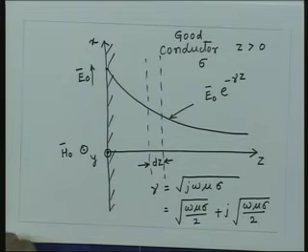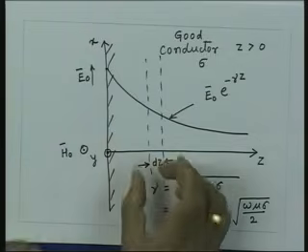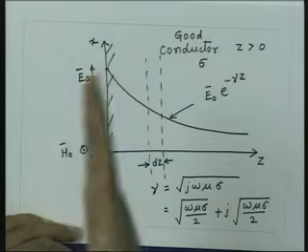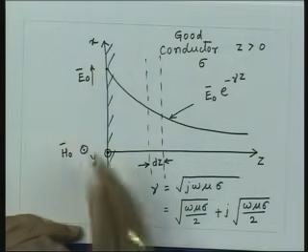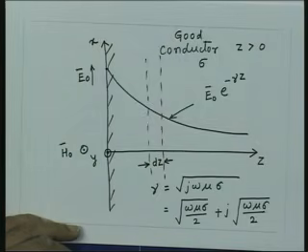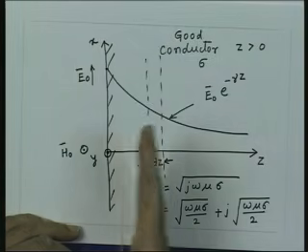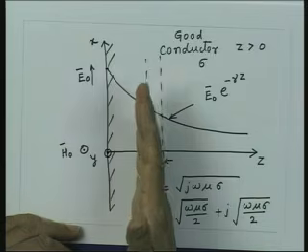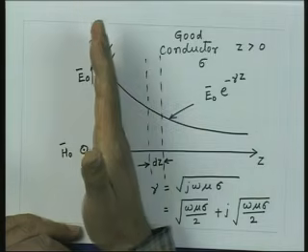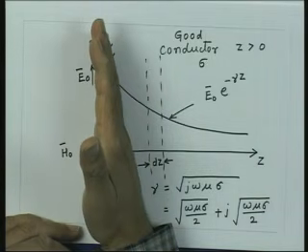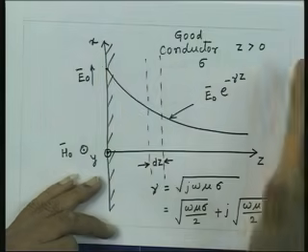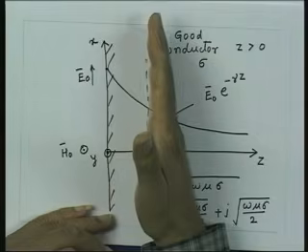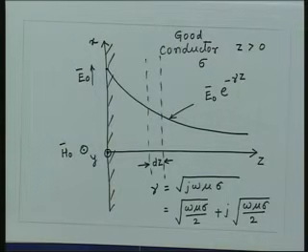So, if I ask now what is the current flowing in this sheet per unit area in the xy plane. If I take an area in this direction, the current is flowing this way. So, if I ask what is the current flowing in an area which is unit area in this xy plane, I can find out the total current flowing under this surface of unit area in the x direction.